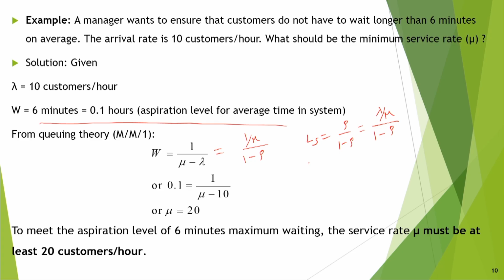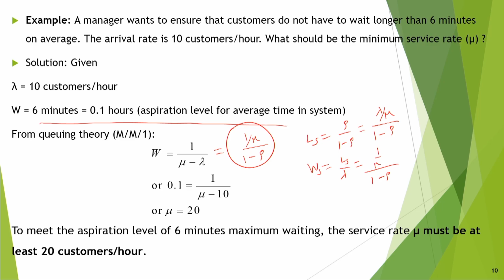So, therefore, by Little's formula, Ws, more precisely, will be LS by lambda, that means 1 by mu divided by 1 minus rho. This is what I have written here. If somebody takes waiting time in queue, then of course the answer will be different. So, we are taking waiting time in the whole system.